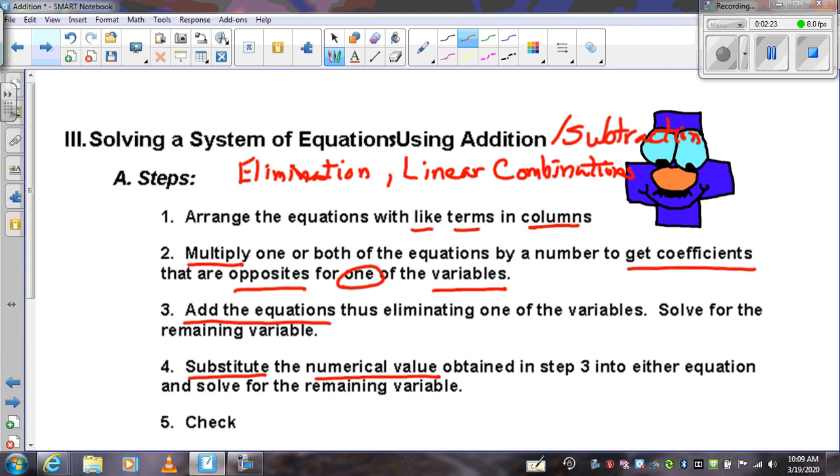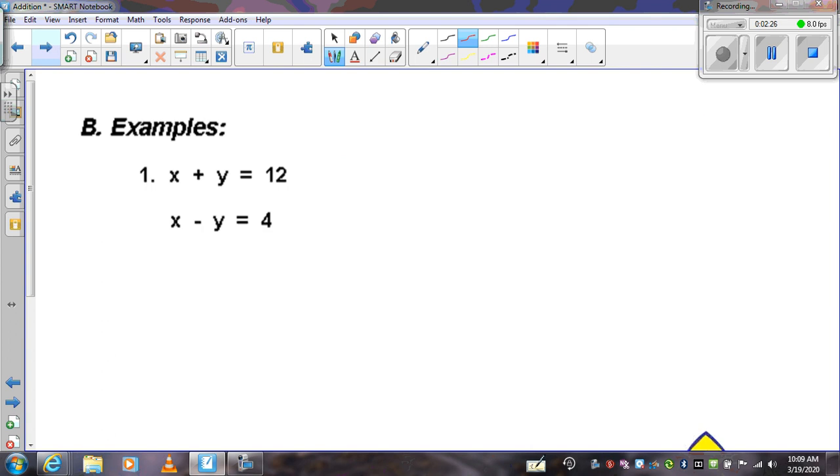Okay, let's see how this works. So the first thing I want to do is make sure that everything is lined up. I'm looking to make sure that my x's are lined up, my y's are lined up, my equal signs are lined up, and my constants are lined up. And they are. And because they are, I can move forward.